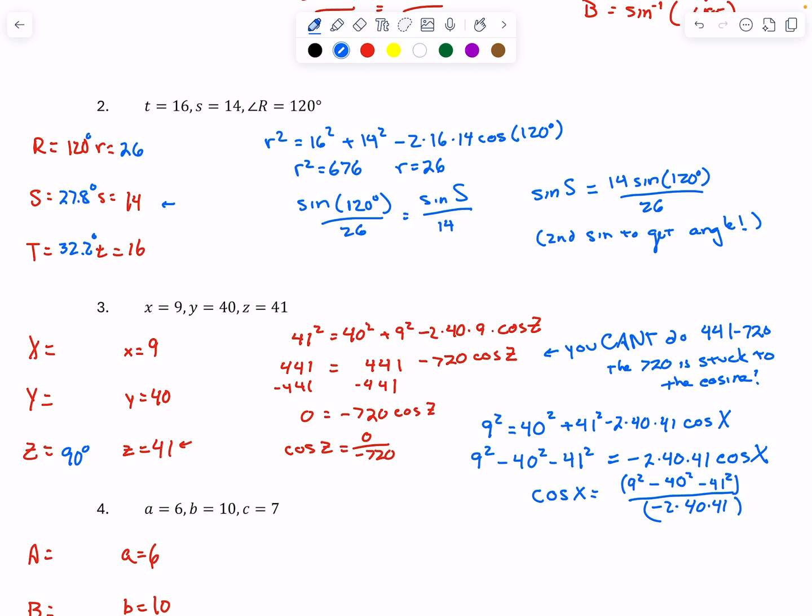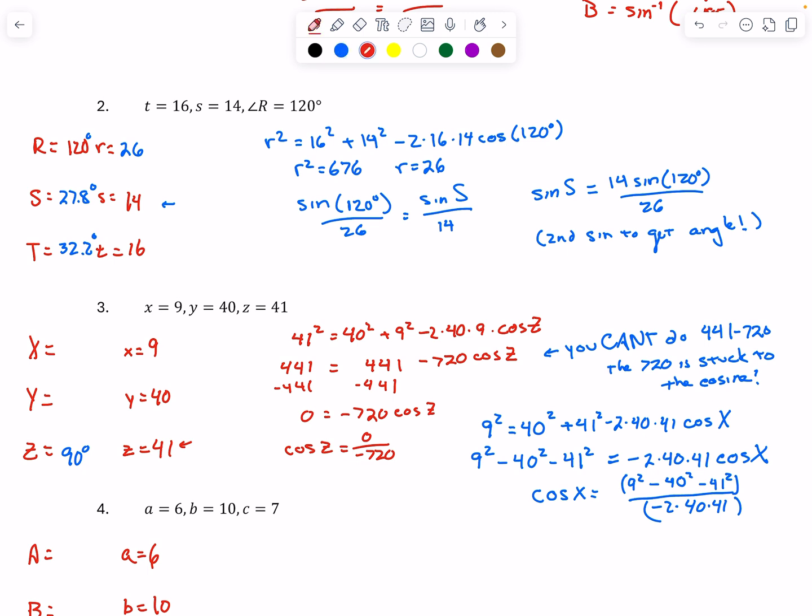So if you type that into your calculator, you can type in 9 squared minus 40 squared minus 41 squared, and then divided by parentheses around the bottom once you've found out what the top comes out to.